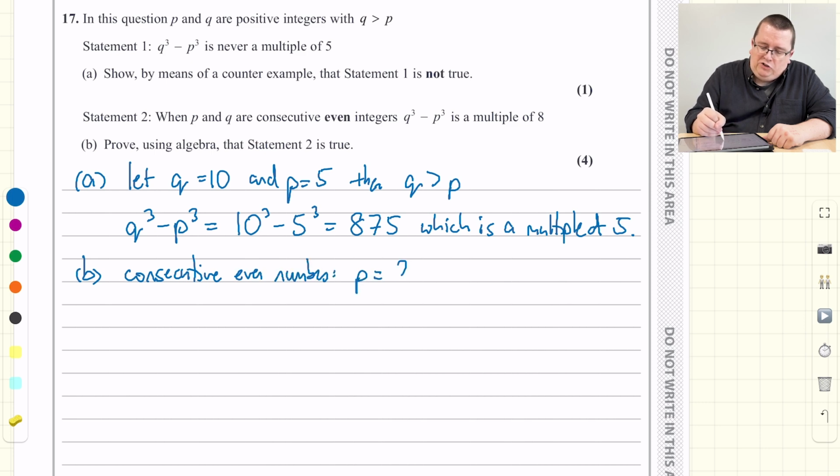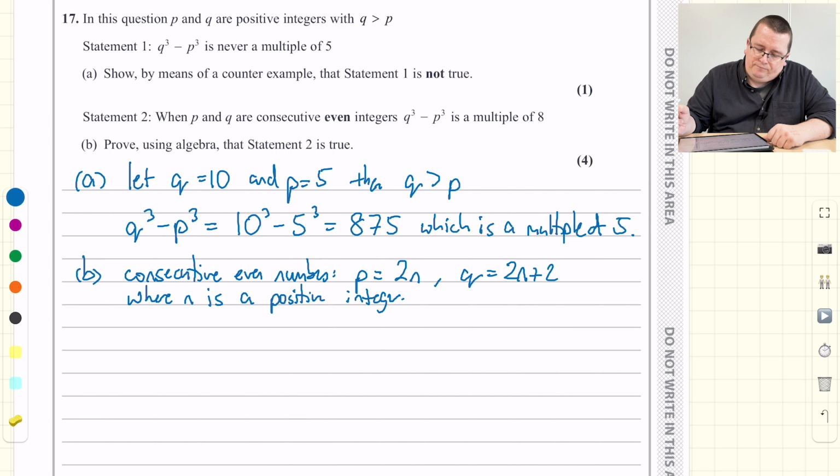So p can be 2n, and q can be the next even number along, 2n plus 2, where n is a positive integer. Okay?